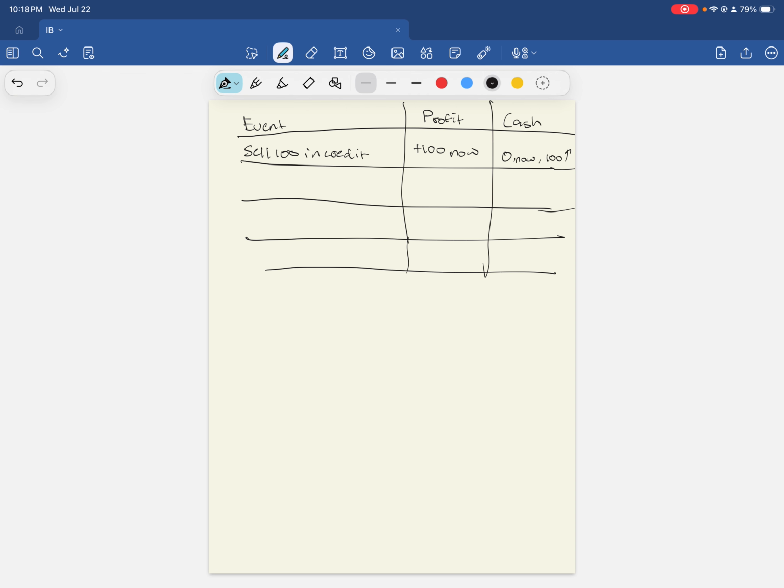Profit is basically accrual, and this is cash. I'm trying to differentiate because you may be confused if you're taking an accounting class, where your professor taught you something different for cash, but this is how it is for accrual.